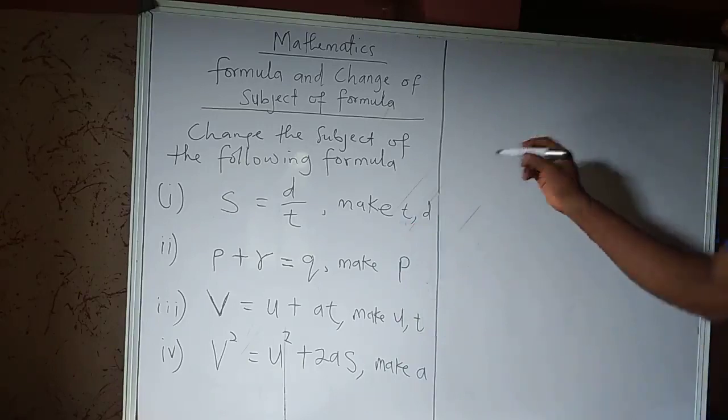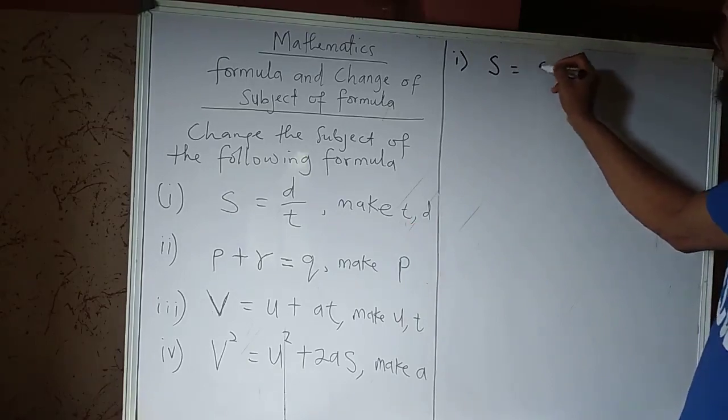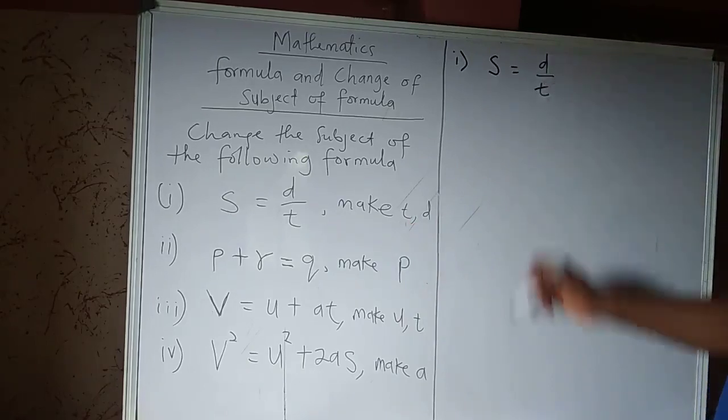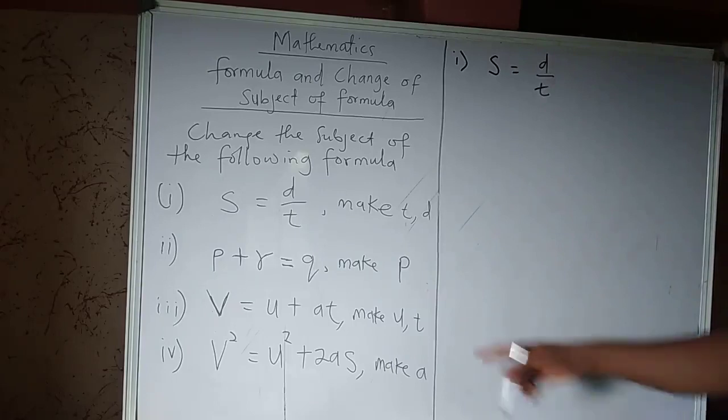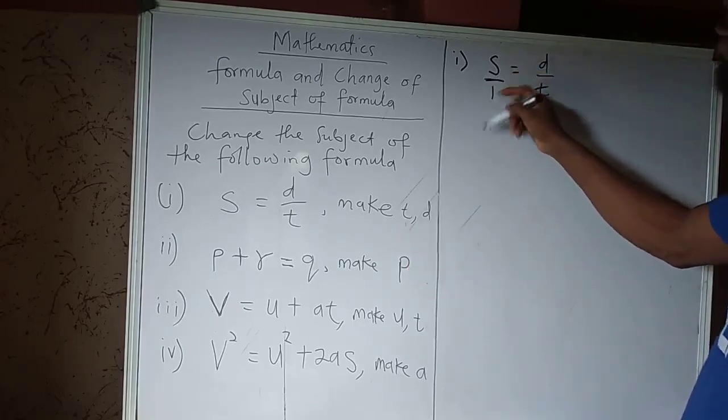So let's say I'm going to start with the first one where we have S equals D over T. At this point we are trying to make T the subject of the formula. So this is a fraction, right?